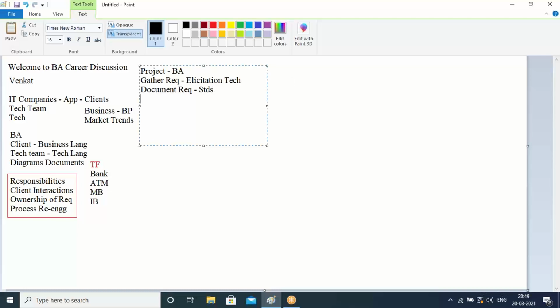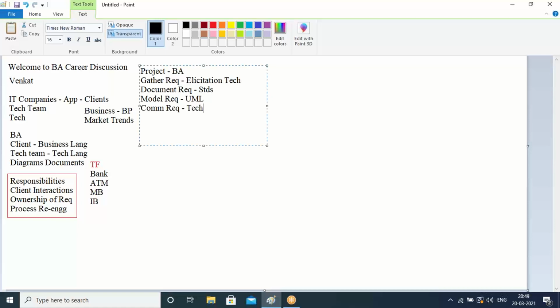Okay. And then we are going to model the requirements. Modeling the requirements means we draw small diagrams to bring in more clarity. Most of the time these diagrams will be like flowcharts, and in our case we draw diagrams using UML, Unified Modeling Language. And then we communicate the requirements to our technical team.